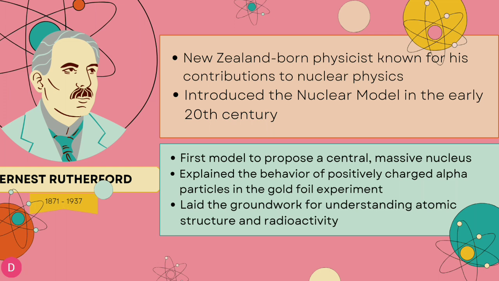Ernest Rutherford, a New Zealand-born physicist known for his contribution to nuclear physics, introduced the nuclear model in the 20th century. Main points. Number one, this was the first model to propose a central massive nucleus.